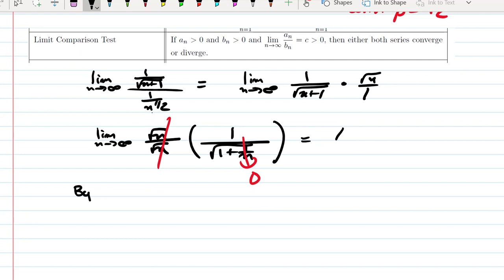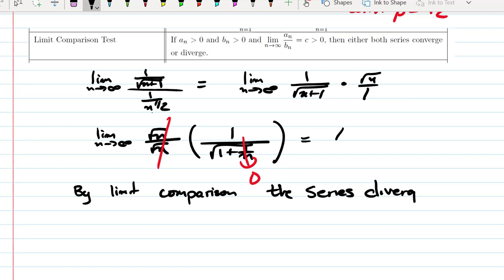So by limit comparison, the series diverges at x equals negative 1/3.